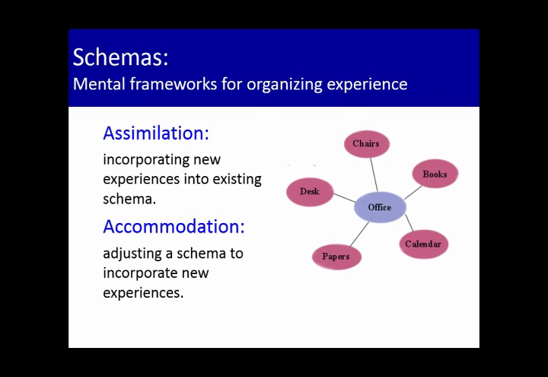For you guys who are probably by and large younger than I am, you might notice a glaring omission from this schema of what's in an office. Where's the computer, right?